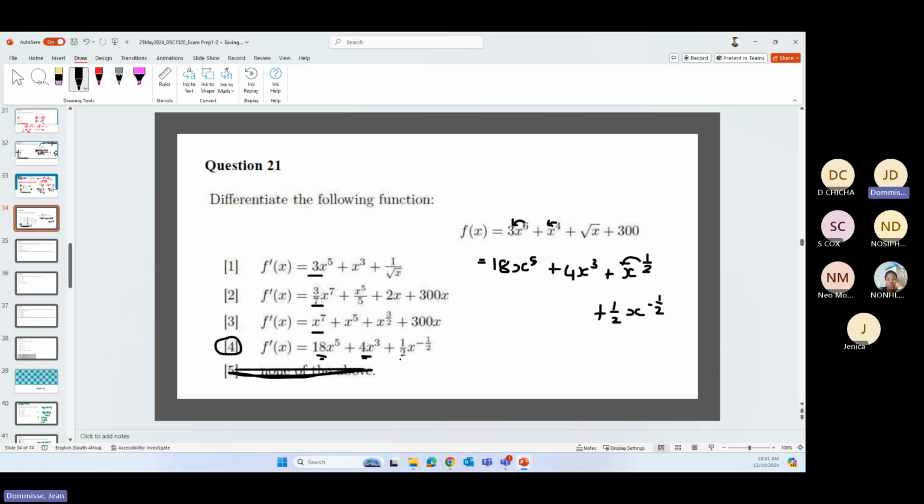So plus x to the minus half, correct. And then if we differentiate a constant, it will fall away. So that's why there is nothing. So again, just showing that our final answer is 18x to the power of 5 plus 4x to the power of 3 plus a half x to the minus half, which is option 4.